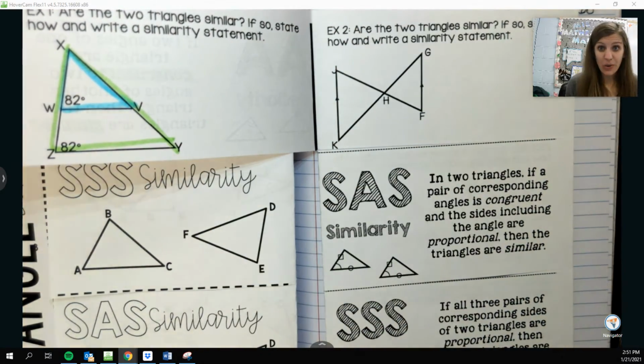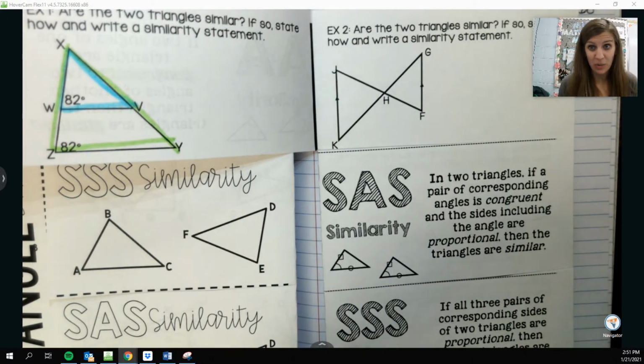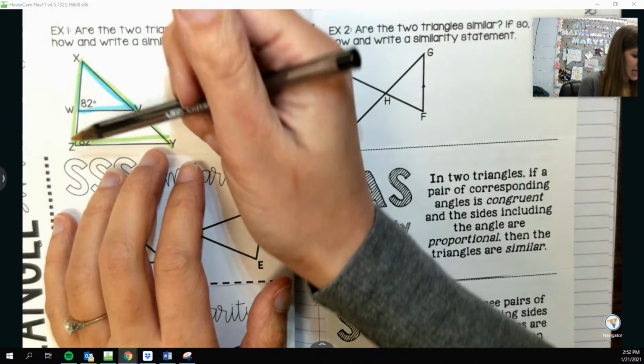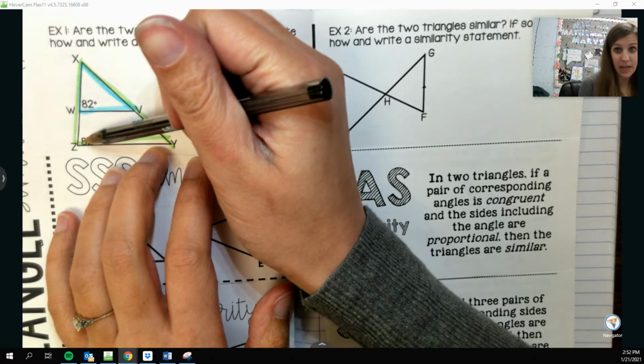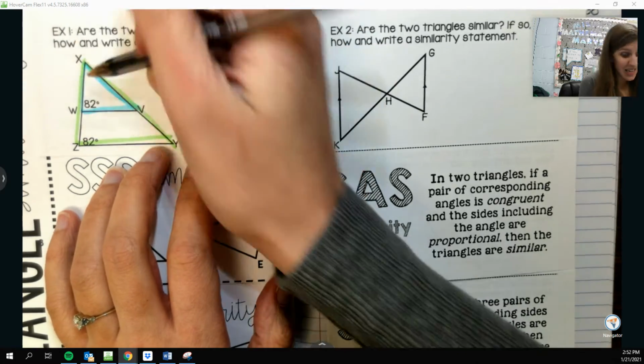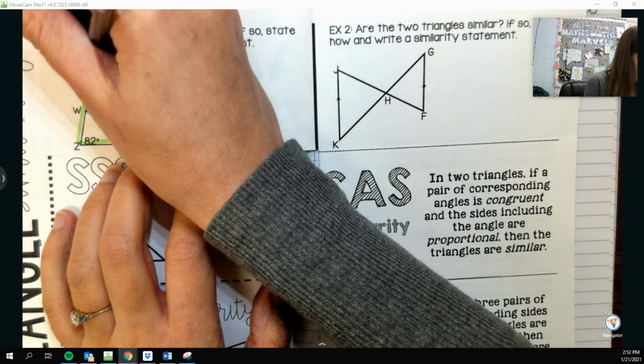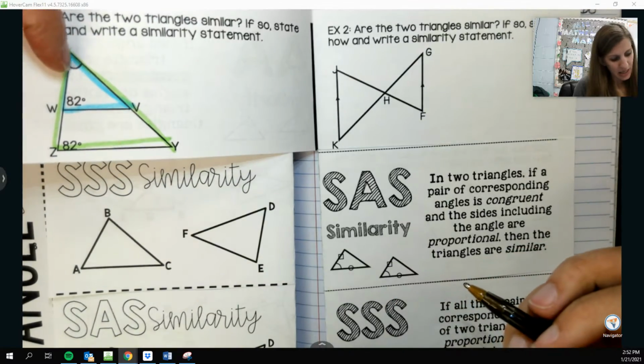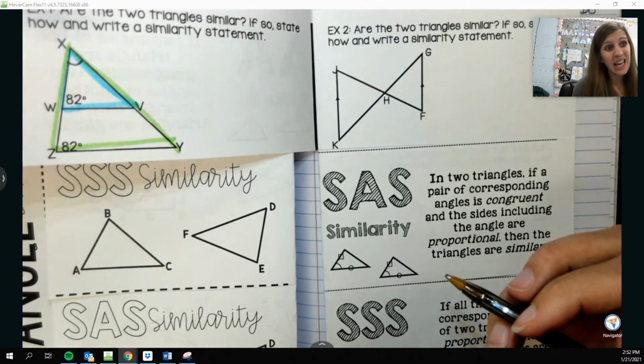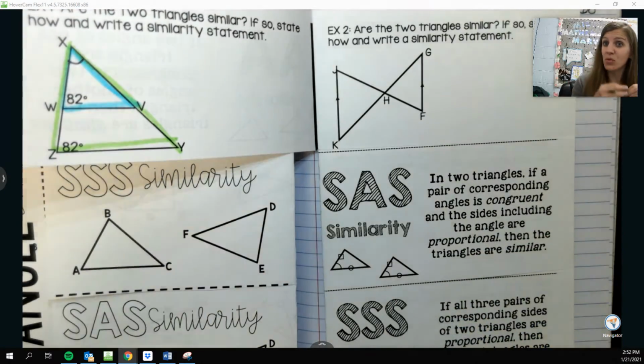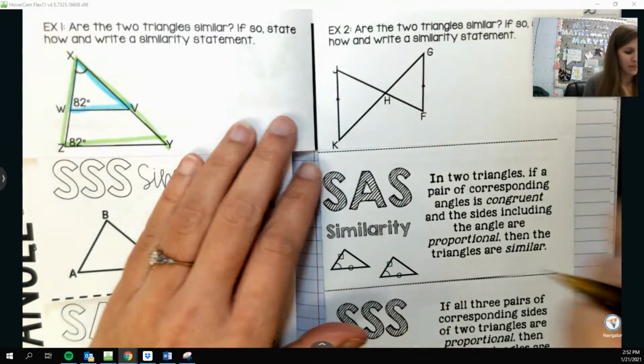And those 2 triangles would be similar to each other because they both have this angle of 82 and they both share angle X. Angle X is in the blue triangle and it's in the green triangle, and they're right on top, so I know that they're the same amount.